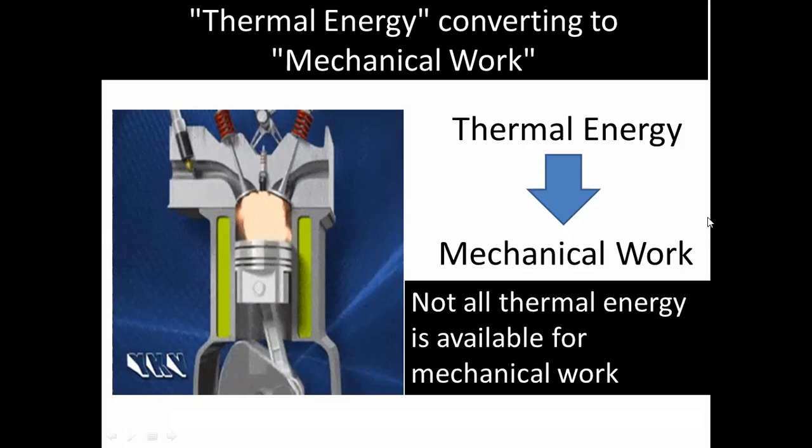Friction issues, and most of the time, the thermal energy is lost through the surface walls in the cylinder. And also, there is a lot of random motion of the energized molecules. So they are moving elsewhere.